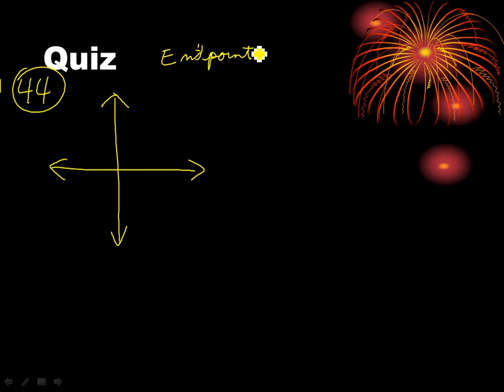Go ahead, keep going. Just tell me the points that they tell you. 2 and 8. So out 2, up 8. And negative 2, 2. Somewhere about in there. Is this one here the midpoint, right? Yeah.